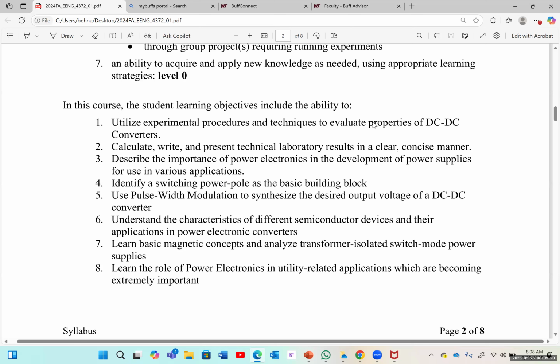You're going to use these converters in a lot of courses and projects, especially in senior design. I see a lot of students utilize DC to DC converters for their projects.